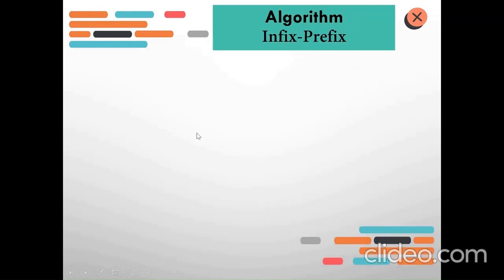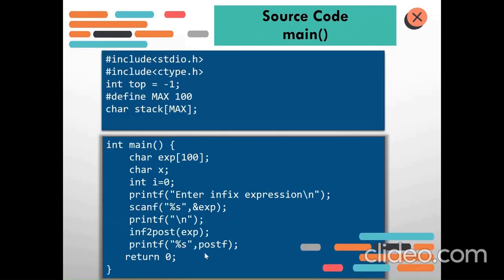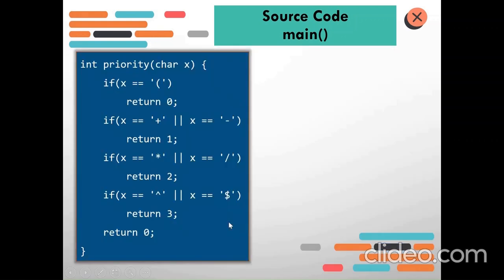So finally, we will reach this point. After returning from this method, infix to postfix returns control to this instruction, which simply prints the postfix expression or the postfix array, which is our final result, right?